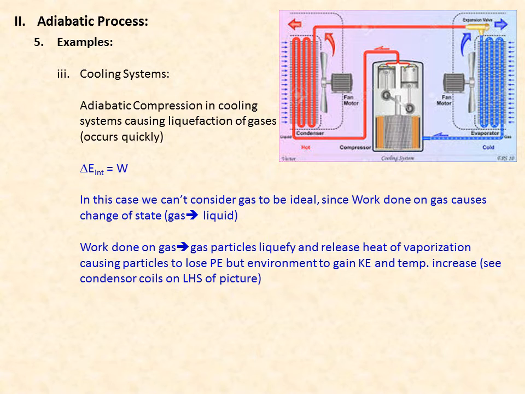So as the gas particles become a liquid, energy is being released in the form of the heat of vaporization. That causes the gas particles to lose potential energy, but that energy has to go somewhere. Where does it go? It goes into the environment and heats it up, causing an increase in temperature.